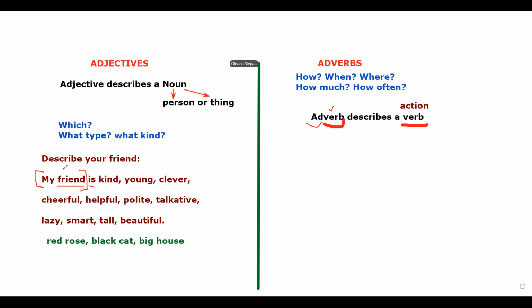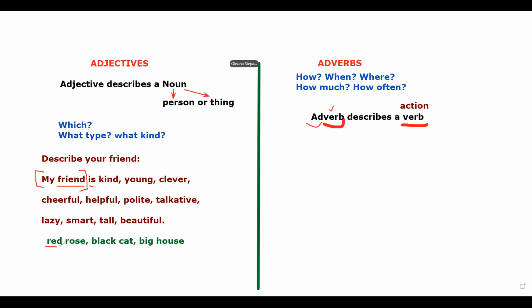So noun and adjective describe my friend, right? They describe this noun. And there can be millions of adjectives describing only one noun. All right, see here, red rose. Adjectives can come before the noun as well, or after the linking verb to be, which is here in this case, or the opposite. You can say just kind friend, young friend, clever friend, etc.